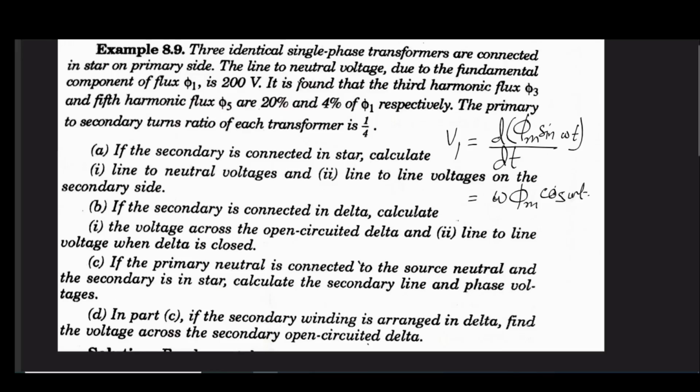So in a nutshell, if it is 200, then the third harmonic voltage will be 3 into 20%, like 60% of the whole thing. So basically 120 volt. Similarly, your fifth harmonic will be 5 into 4%, that is 20%, right? So keep all these things in your mind.